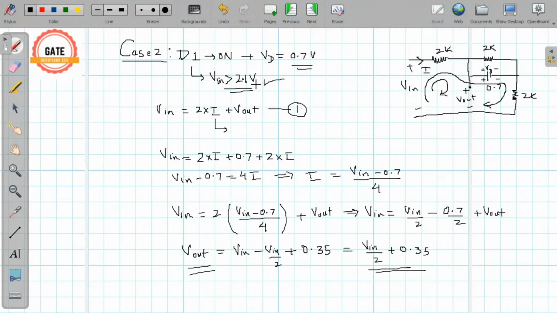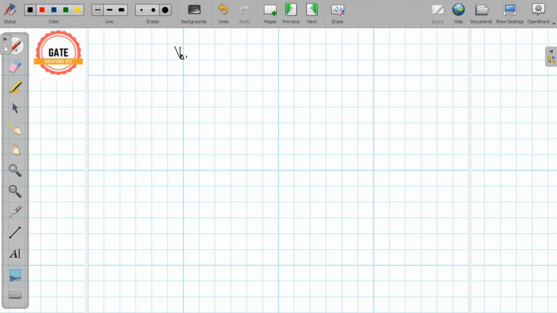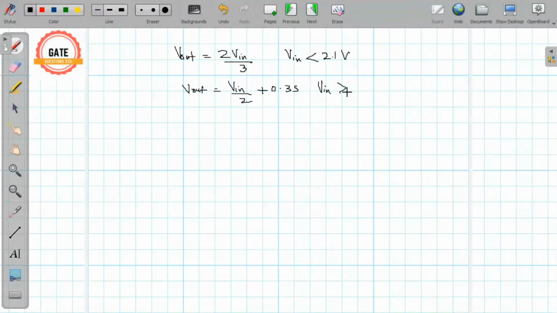So combining case 1 and case 2, let's now draw the graph between V output and V input. So for case 1, V output is equal to 2V input by 3 when V input is less than 2.1 volt, and V output is equal to V input by 2 plus 0.35 when V input is greater than 2.1 volt.